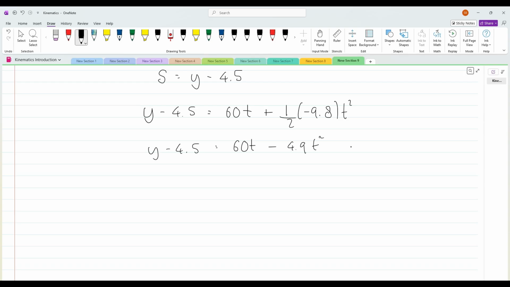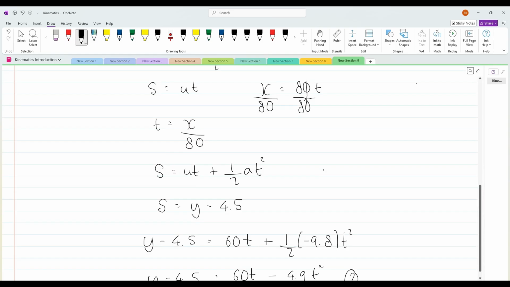And this is equation 2. Sorry, I should have labelled equation 1 as well. T equals x over 80 is equation 1.